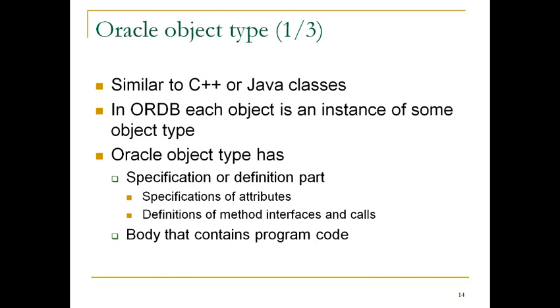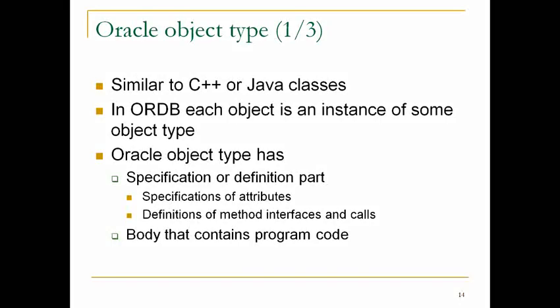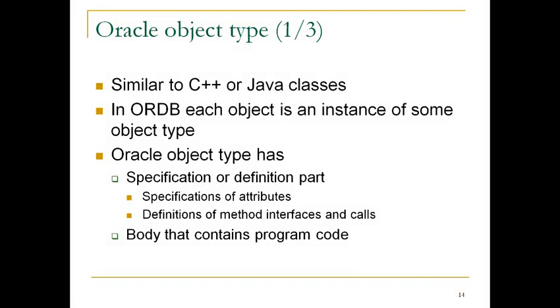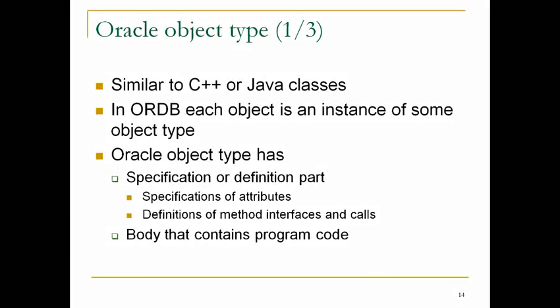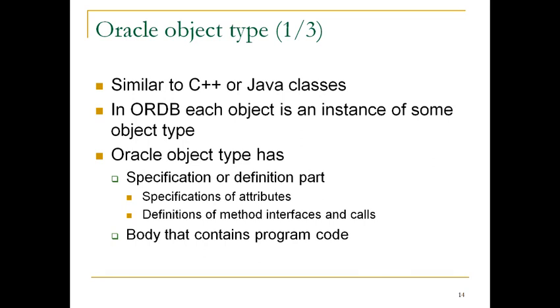And to create an object, we need to define two parts. It is a specification or definition, which defines all attributes. So attributes are defined explicitly in the specification part, and also there are the definitions of methods or method interfaces.